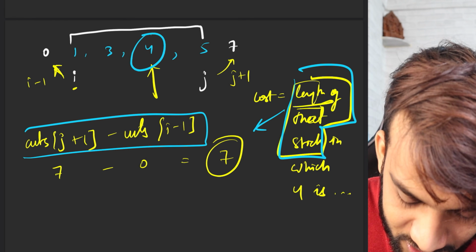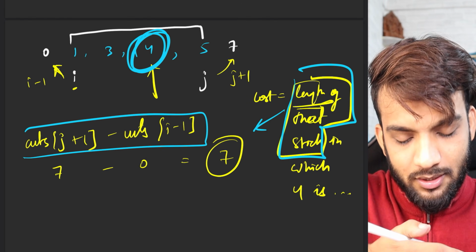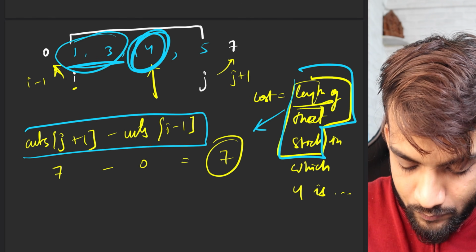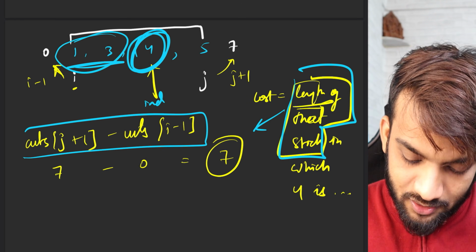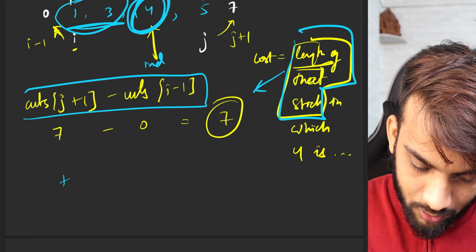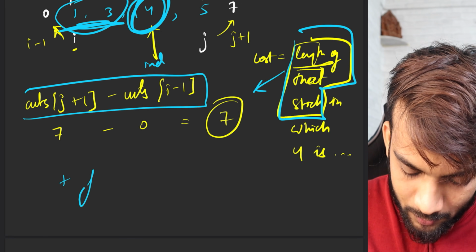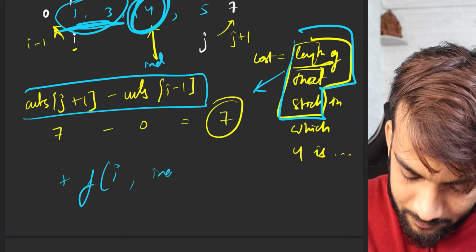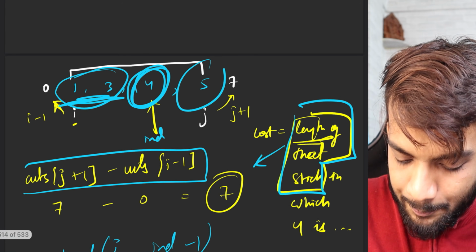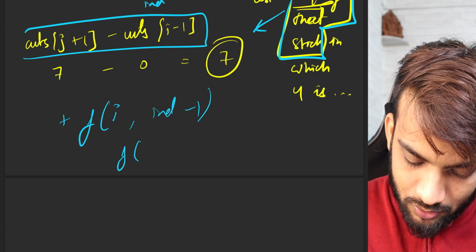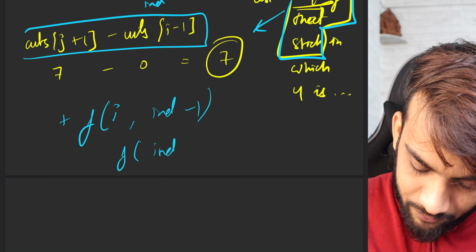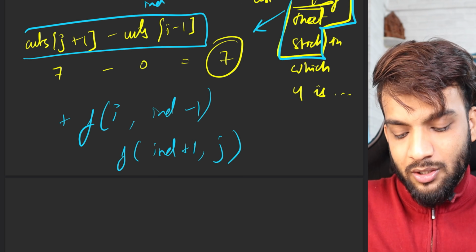Now if I'm taking this guy as the first cut, then I need to solve this guy. So imagine this is at index. I need to solve this portion, this subproblem, which is I to index minus 1. And I need to solve the right subproblem, which is index plus 1 from the right to the last.